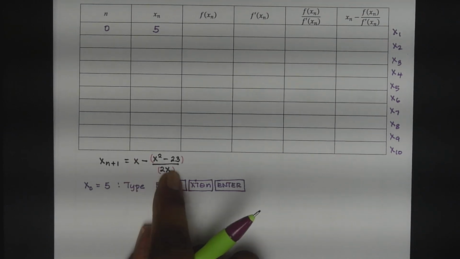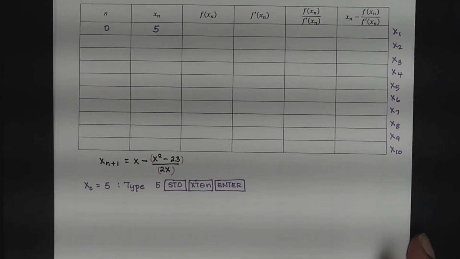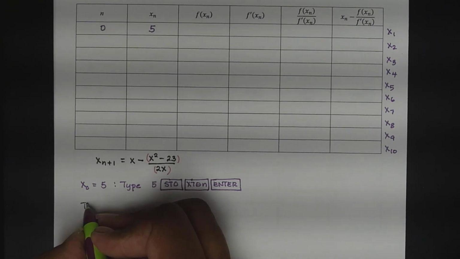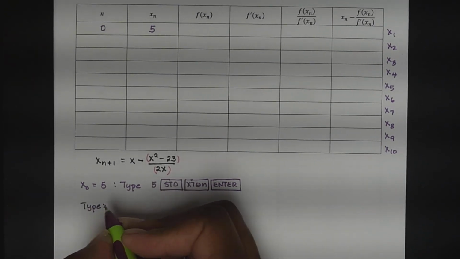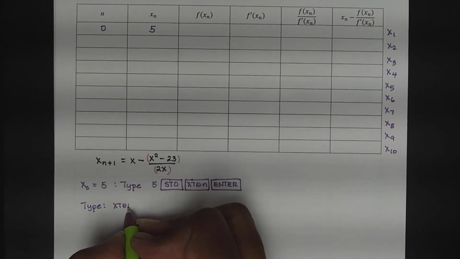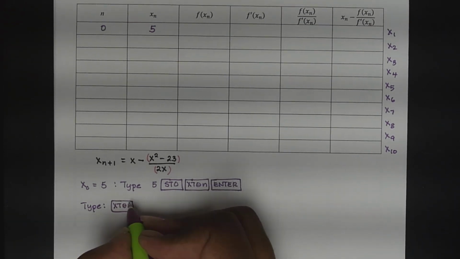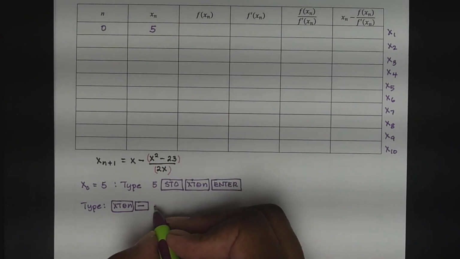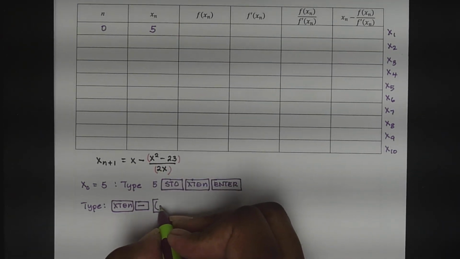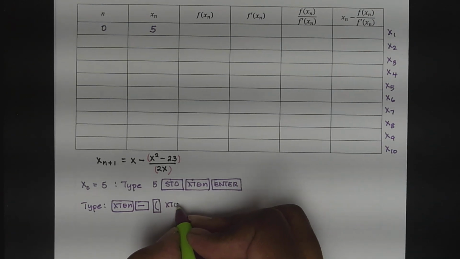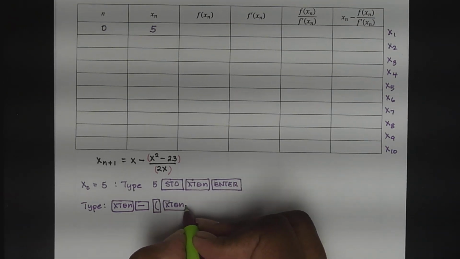Enter this expression right here, that x minus x squared minus 23 divided by 2x. So for that, here's the keystrokes to type that in. First of all, it'll be X,T,theta,n for the x, and then minus. Now, the numerator is going to be in parentheses, so left parentheses, you'll get your x for the variable X,T,theta,n.